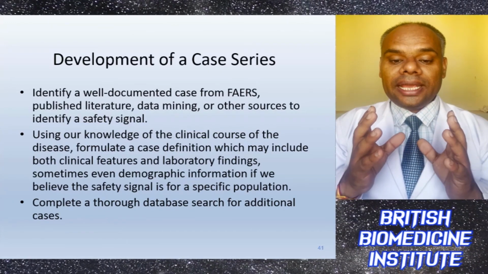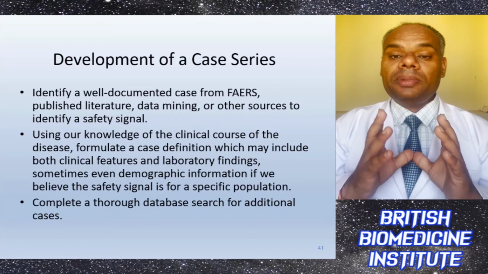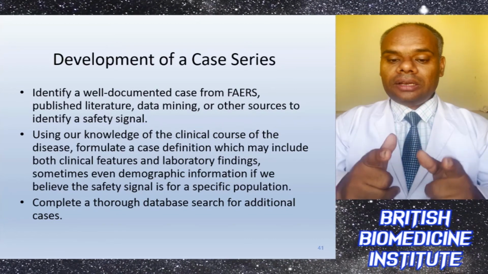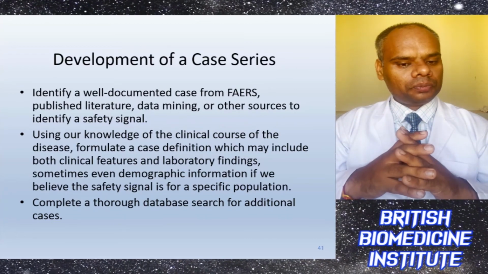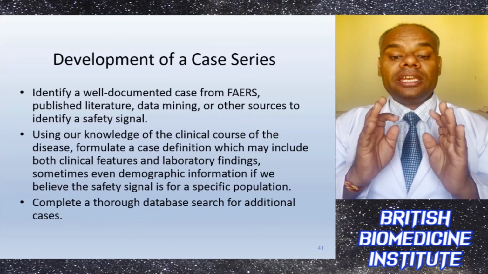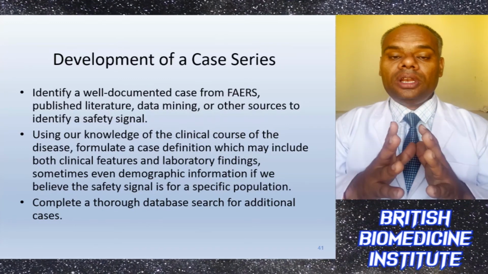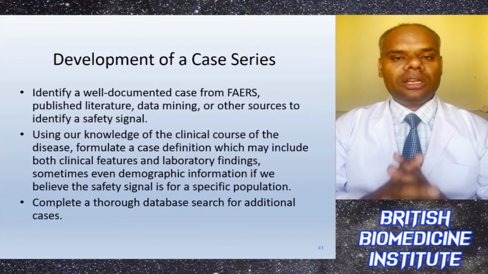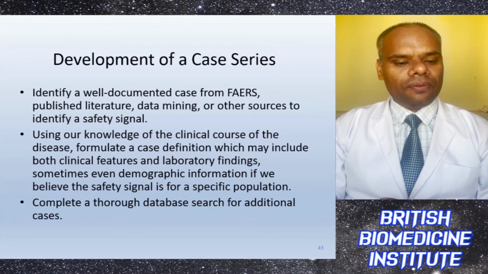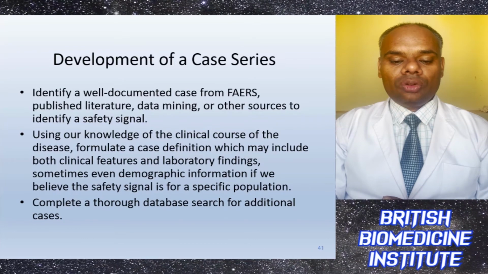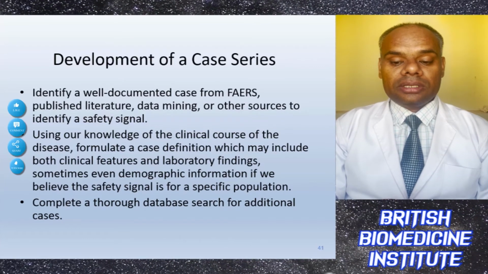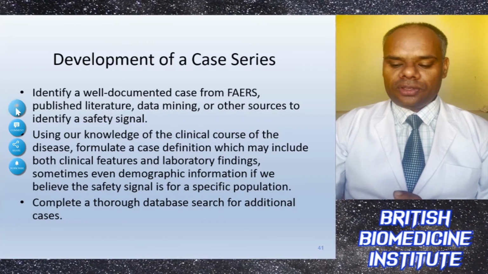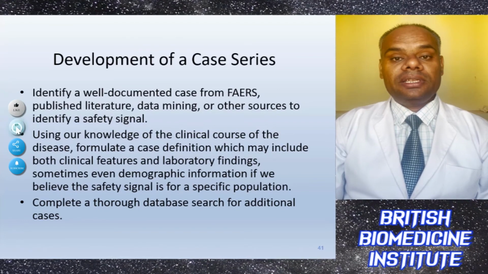We can formulate a case definition which may include both the clinical features and laboratory findings. Sometimes even demographic information, if we believe the safety signal is for a specific population, can also be used. And if we are aware of a complete or thorough database search for additional cases, that can also be beneficial in capturing the safety signals.